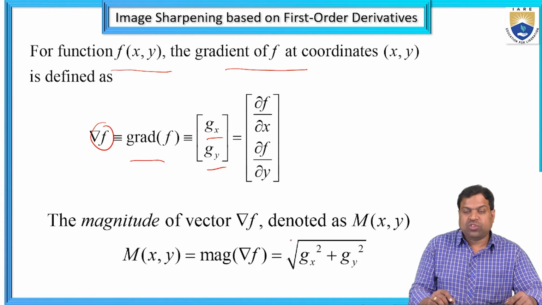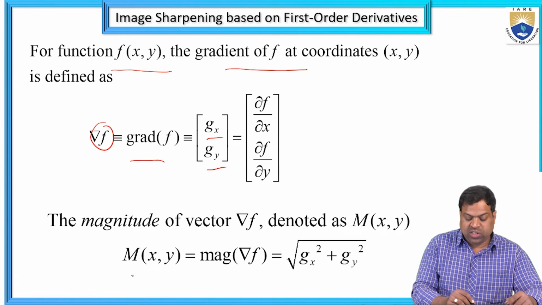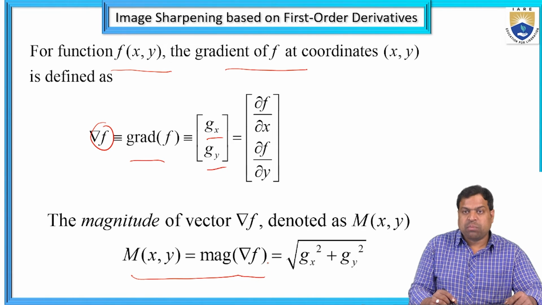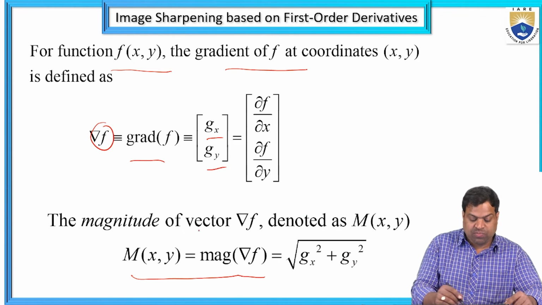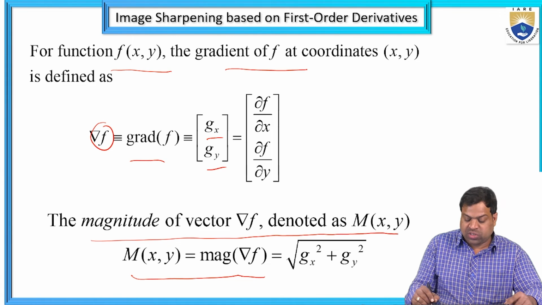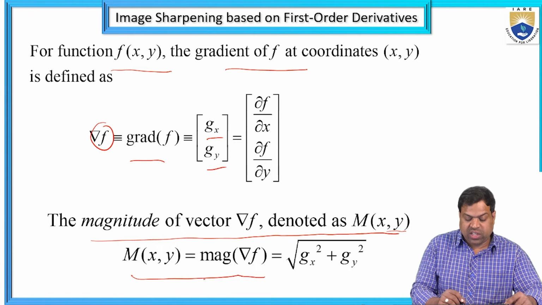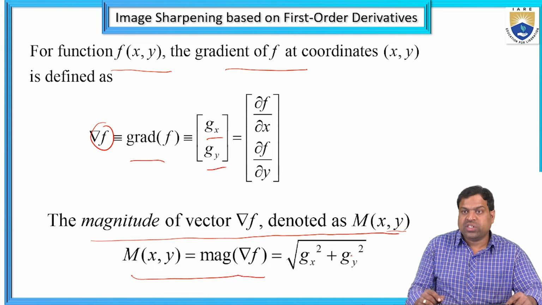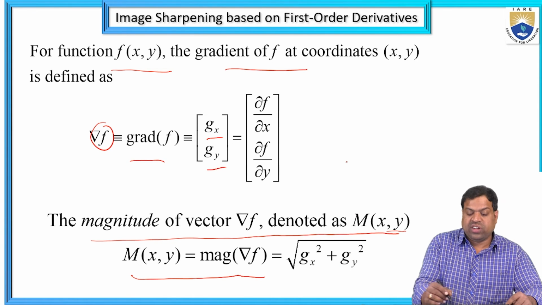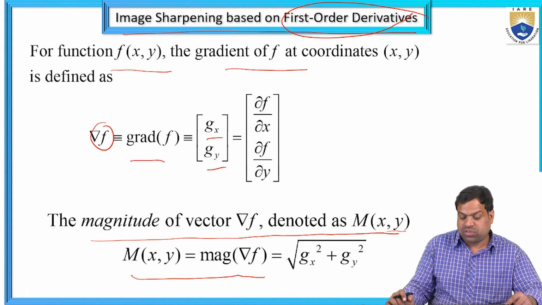The magnitude of the vector delta f is denoted as capital M of x comma y. So M of x comma y equals the magnitude of delta f, which is the square root of gx square plus gy square. This is image sharpening based on the first order derivative.